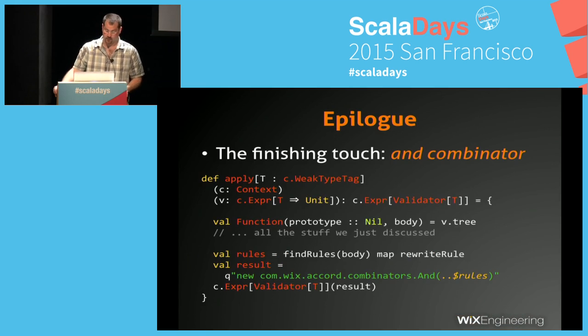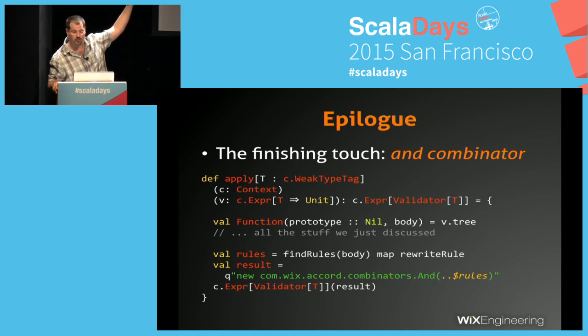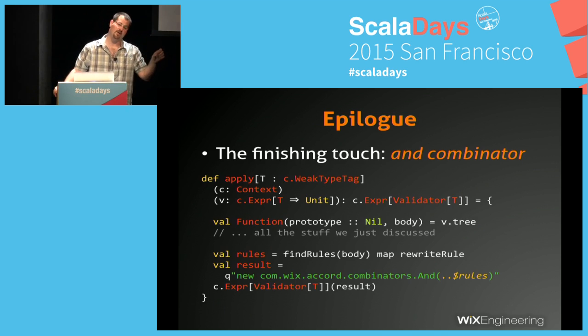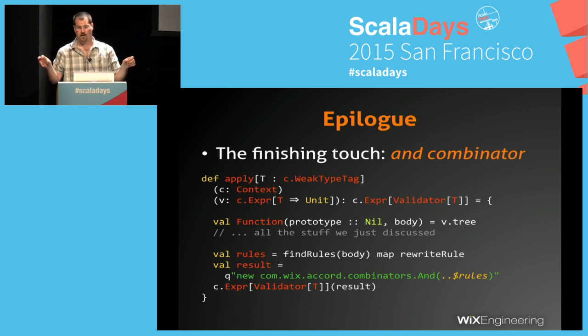So the last thing that we need to do is take all of those rewritten rules and wrap them in an AND combinator. So the way this whole thing ends up looking is, I have the macro implementation signature above. I tease apart the prototype function that I was given so that I can access that P symbol, and I get the body as well.